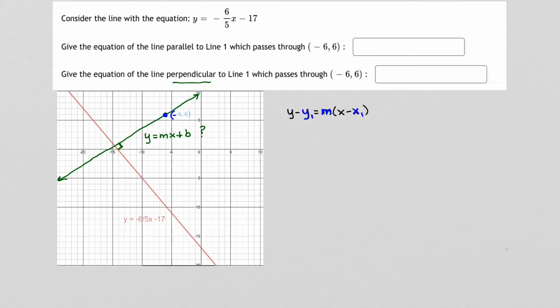The nice thing is we're actually given that point, right? Negative 6, 6 falls on this line. So we're given a point, so we know that our x1, y1 can be represented by the point negative 6, 6. So the only thing missing in order to write the equation for this green line is the slope.